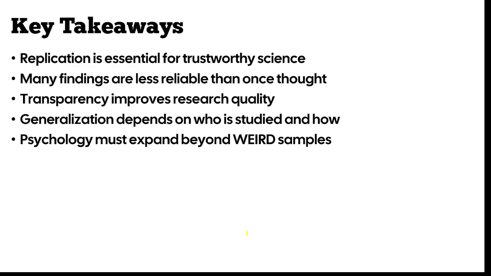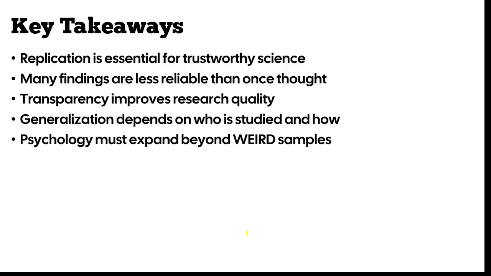So the key takeaways from this presentation: we need replication because it's essential for doing good science, right? We also need to know that sometimes the reliability of the findings that we found is a lot less than we thought. We help combat those problems by transparent research procedures because that improves our research quality.